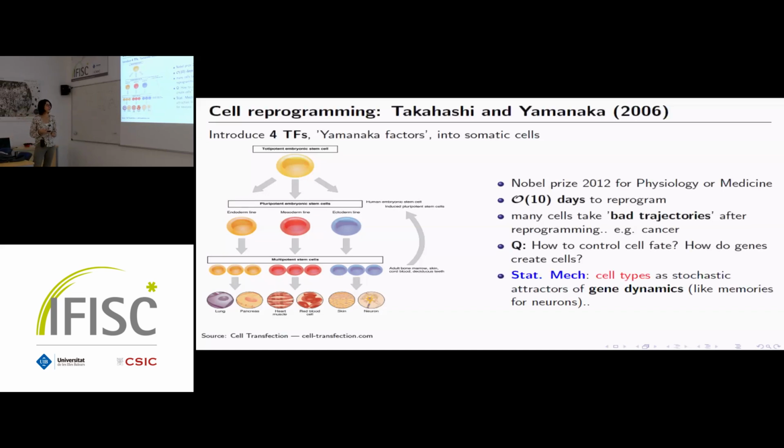So when viewed through statistical mechanical glasses, cell types can be thought of as stochastic attractors of a complex gene dynamics, pretty much like memories are seen as the stochastic attractors of brain dynamics or neural networks. And within this paradigm, you could think of cell reprogramming as inducing a transition from one attractor to another one, okay?